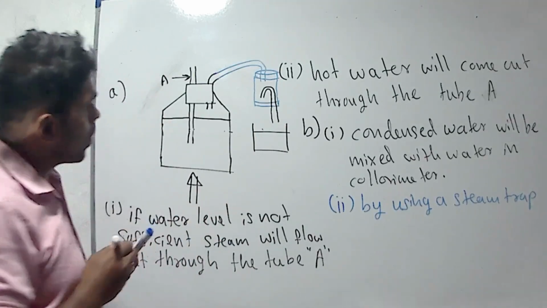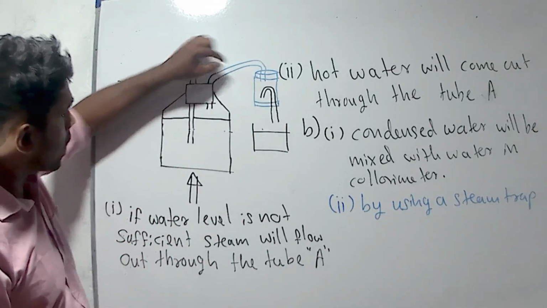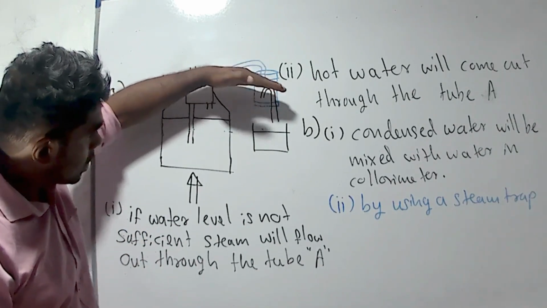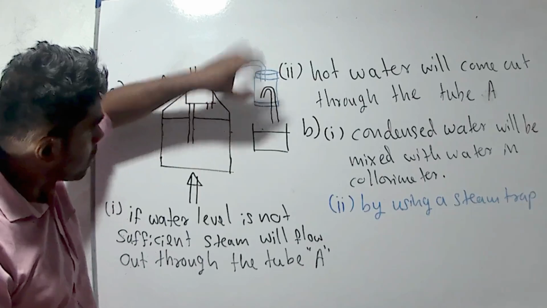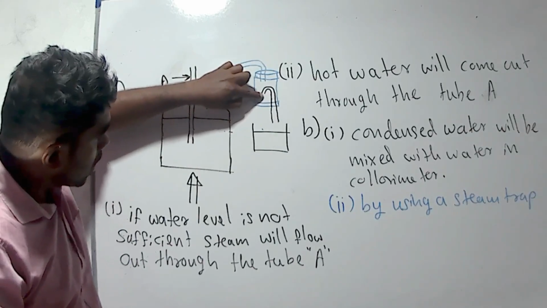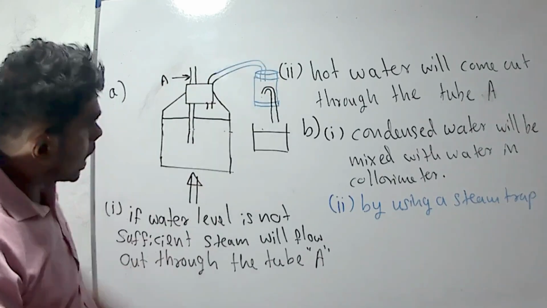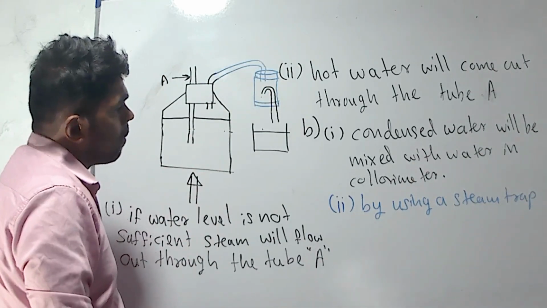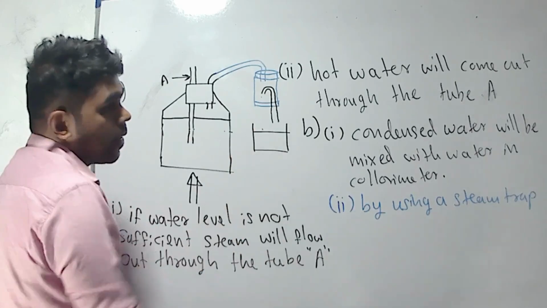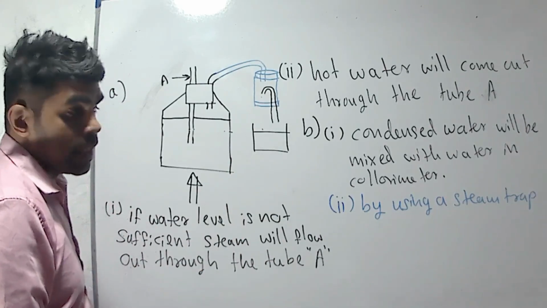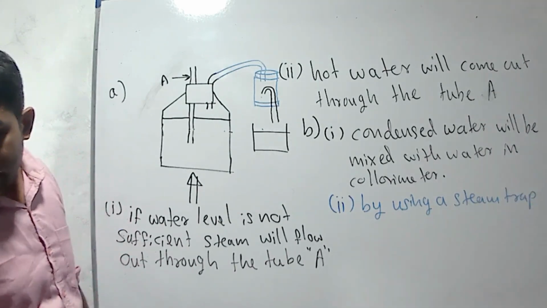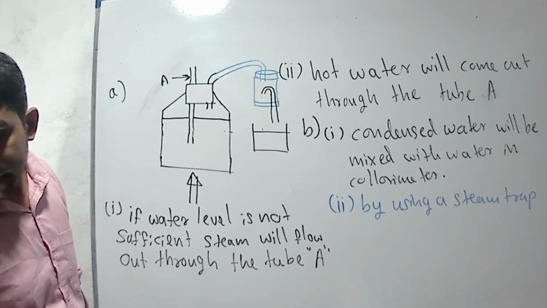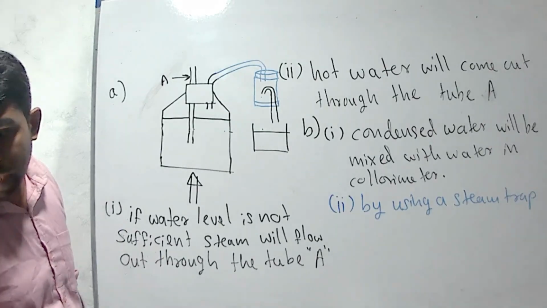Now the condensed water will be collected at the lower surface of this steam trap, and only the water vapor will be mixed with the water in the container. We have to write only the method. They have not asked us to do it.